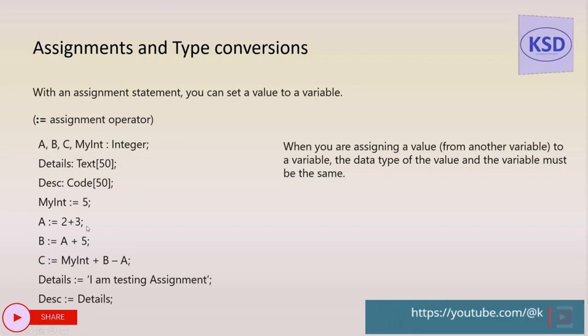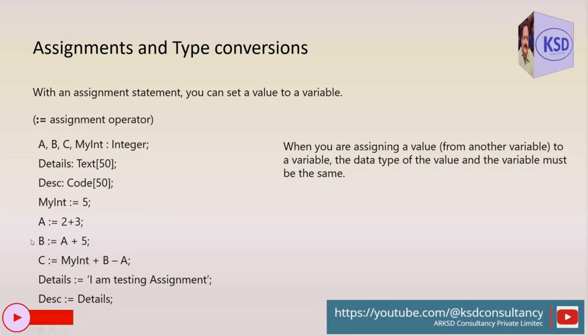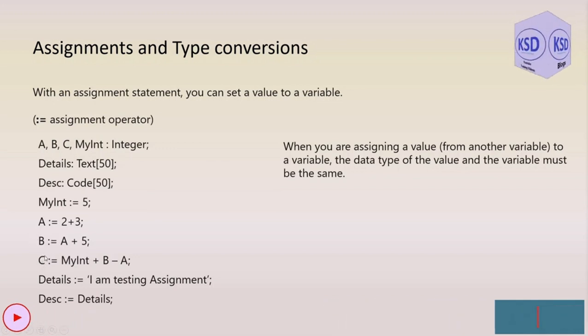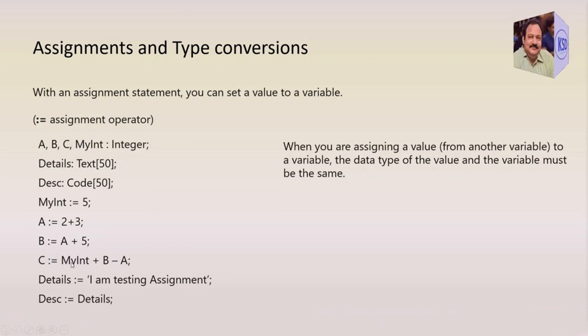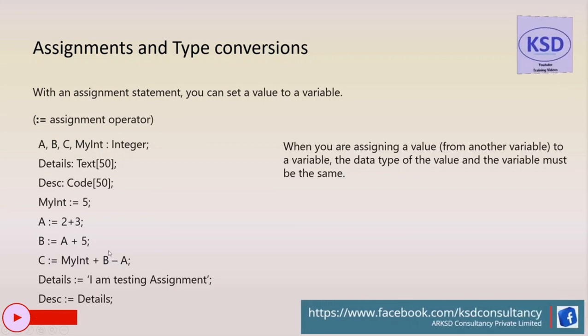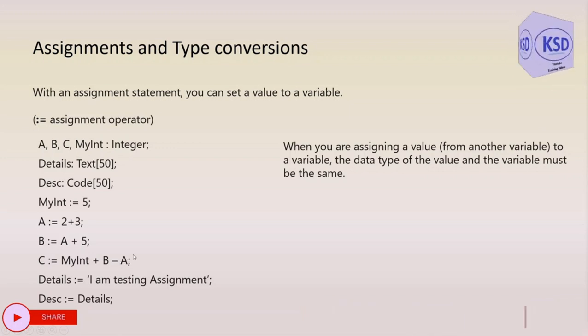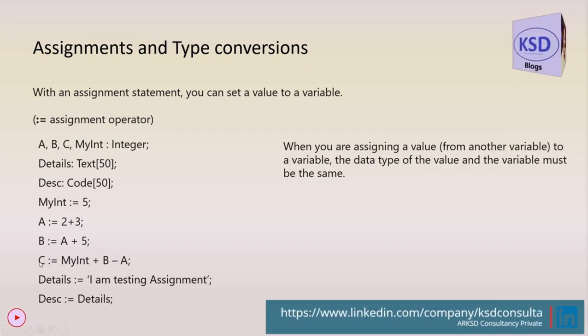A is already 5, so 5 plus 5 means B has the value 10. For C, I am saying my integer, which is 5, and B, which is 10, and A, which is 5. Whatever value is calculated will get assigned to C.